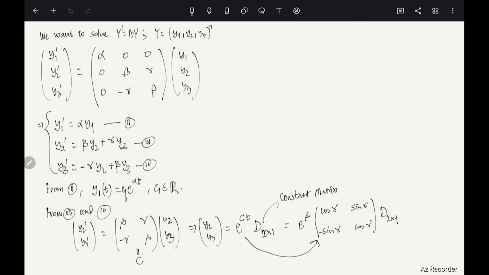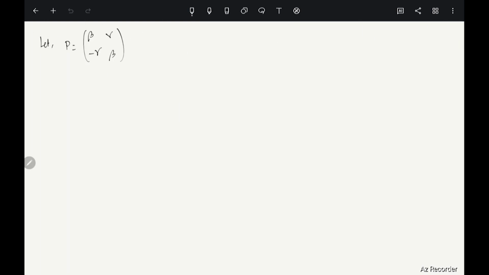I want to calculate its exponential. Now, how do you calculate it? I can always write it as beta 0, 0 beta plus 0 gamma, minus gamma 0. That is beta times identity plus gamma times the matrix 0 1, minus 1 0, right?